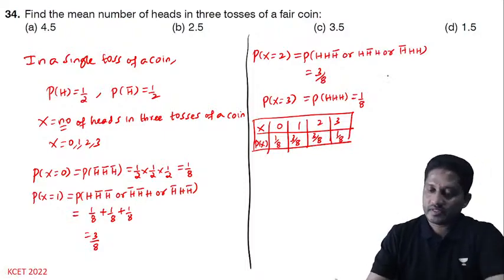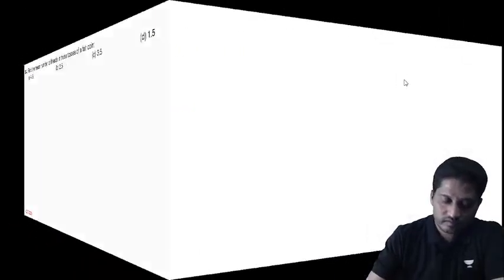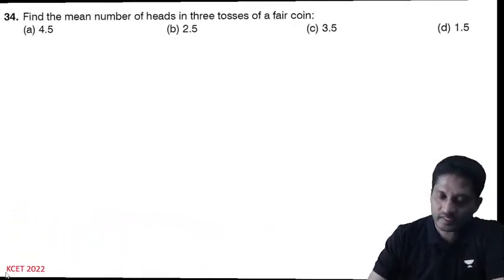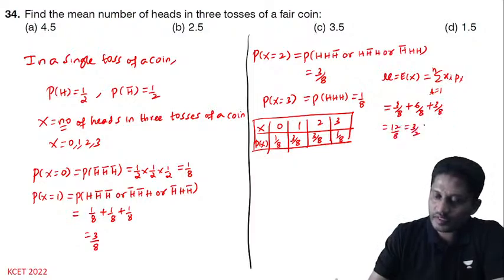Mean is equal to E of X, expected value of X, which is equal to summation xi pi, i is equal to 1 to n. Now if I multiply xi pi, this is 0 plus 3 by 8 plus 6 by 8 plus 3 by 8, which is equal to 12 by 8. 12 by 8 will be equal to 3 by 2. 3 by 2 is 1.5. Answer is option D.